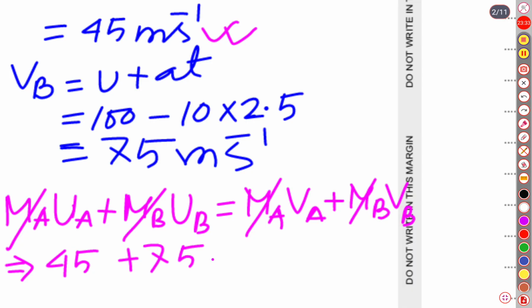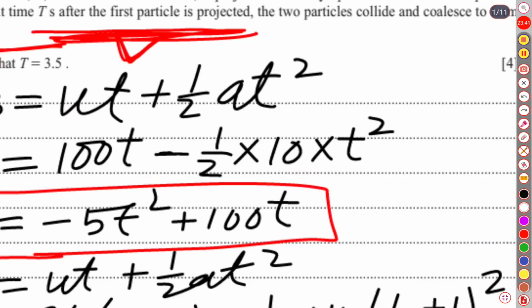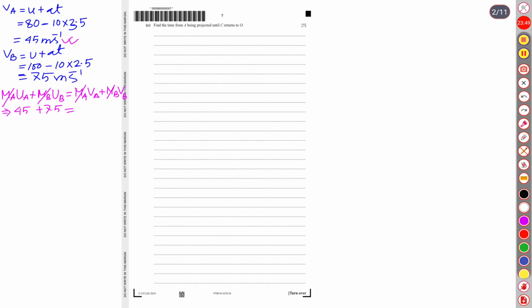equal to, look, after the collision both particles collide and coalesce. This is also part of the information. Coalesce means both particles have become the same particle, so it is actually VC, and this one is also VC.